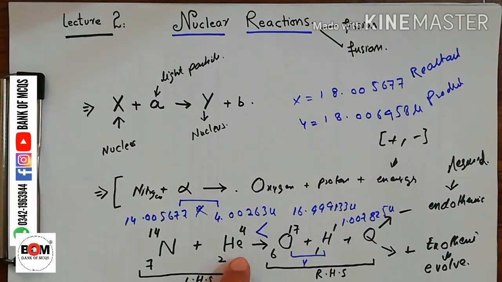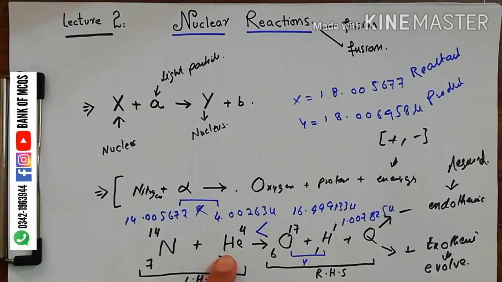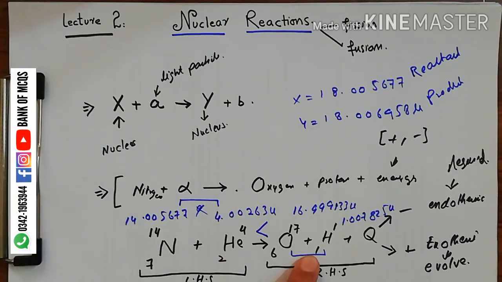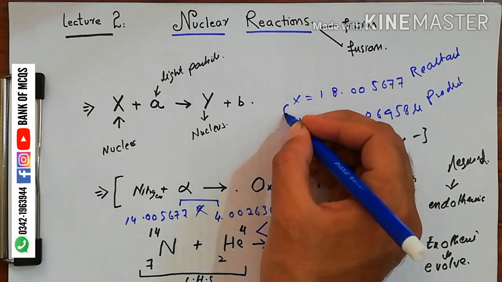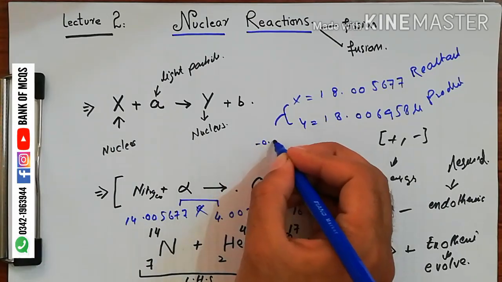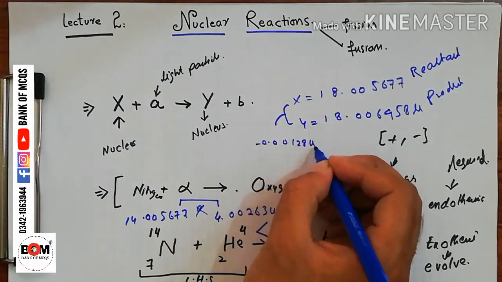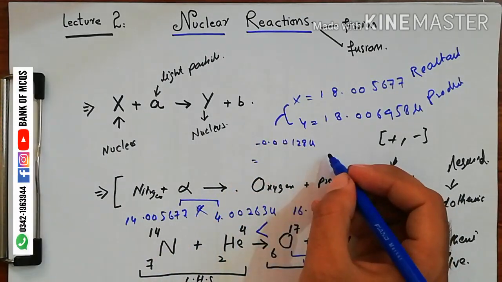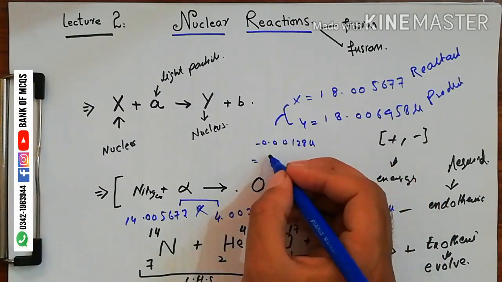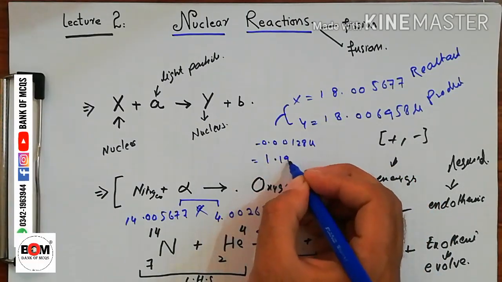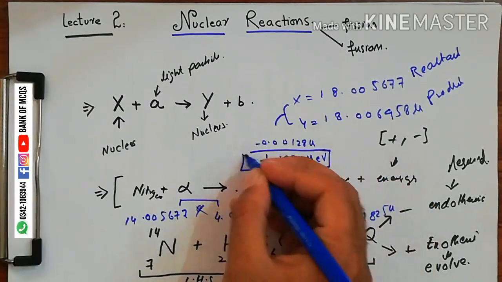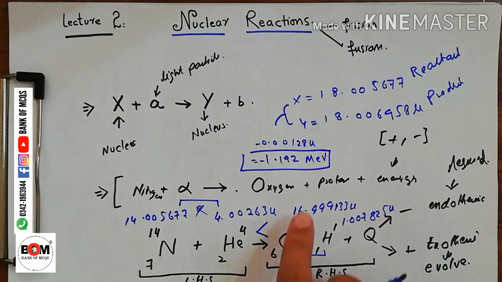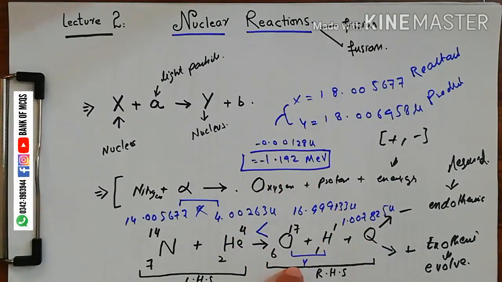The helium atom has some energy, and that energy is converted into mass. The difference is 0.00128 u. Converting into electron volts, we multiply by 931, and we get 1.192 mega electron volts, which is the extra energy that appears on the right-hand side.